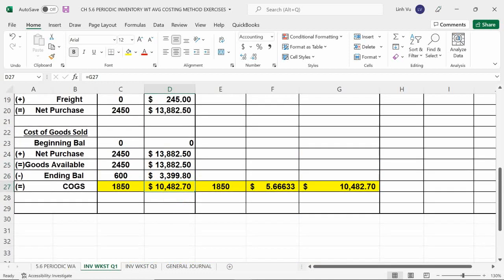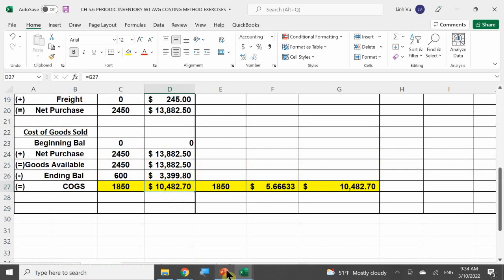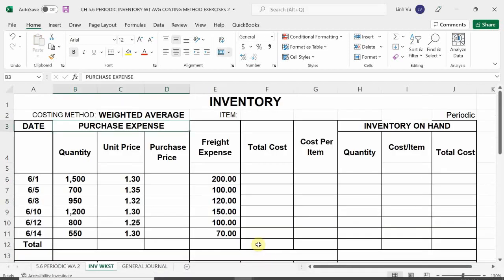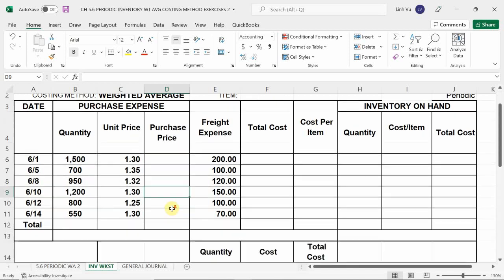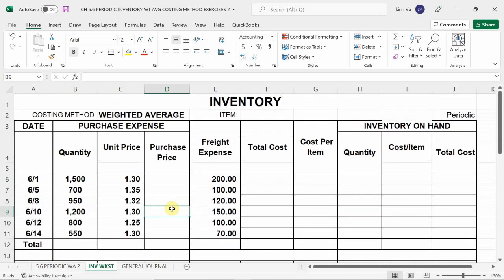So we'll go ahead and practice one more with exercise number 2. Here I already filled in all the information for you. All you have to do is calculate everything for me. So first things first is June 1st. We purchased 1,500 units at $1.30.